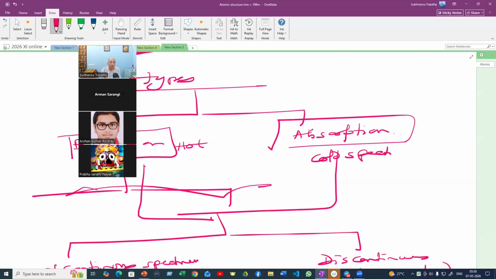Supposing you do one thing, sodium chloride, let us take a cold spectrum. You take sodium chloride solution in a dark room, with a small hole to allow a thin ray of sunlight to pass through the sodium chloride. The sodium will not absorb infinite numbers of radiations.